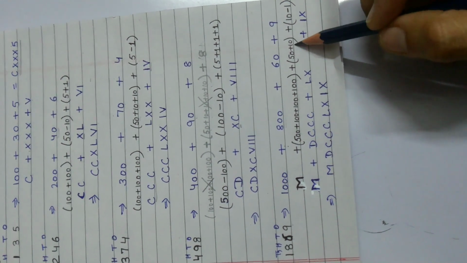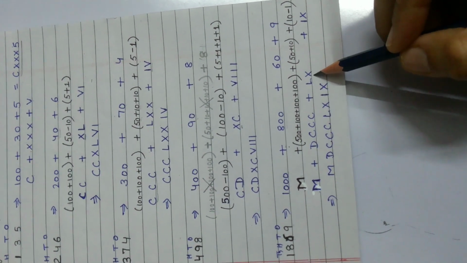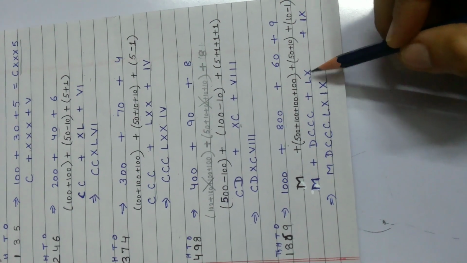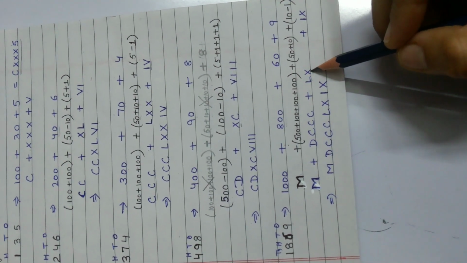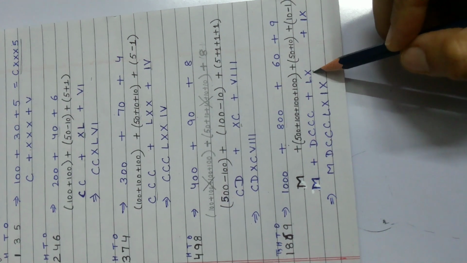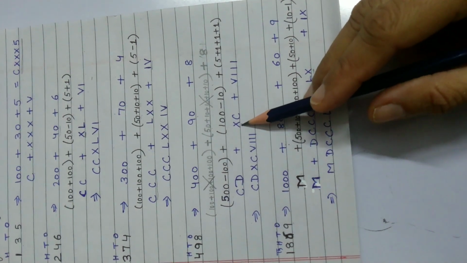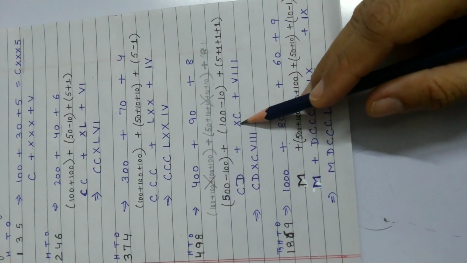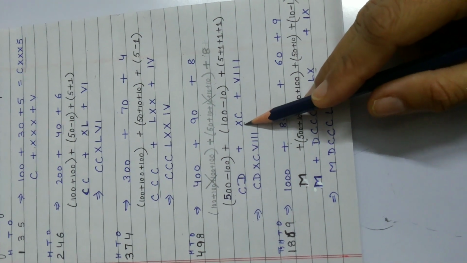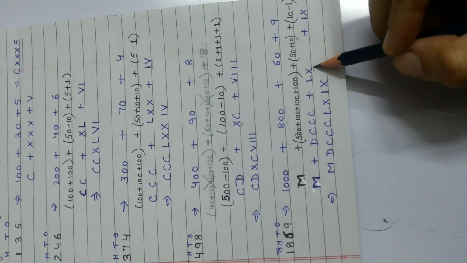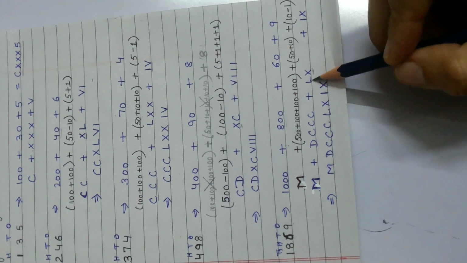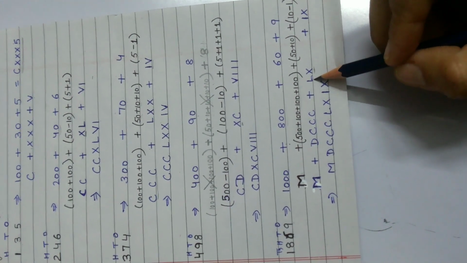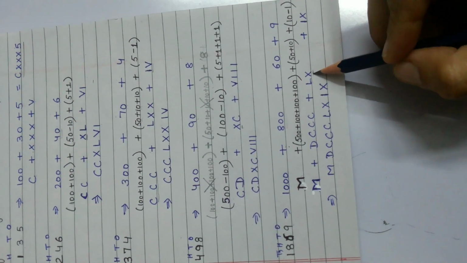L. The symbol for 10 is X. If I put a smaller symbol on the right side of a bigger symbol, it is added. If I put a smaller symbol on the left side of a bigger symbol, it is subtracted. So here it is on the right side, it will be added. So LX, that is 50 plus 10 becomes 60.